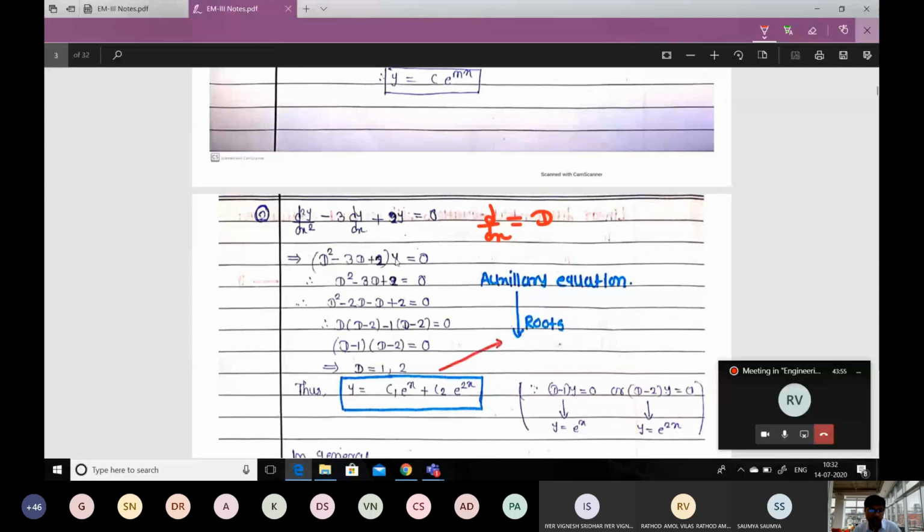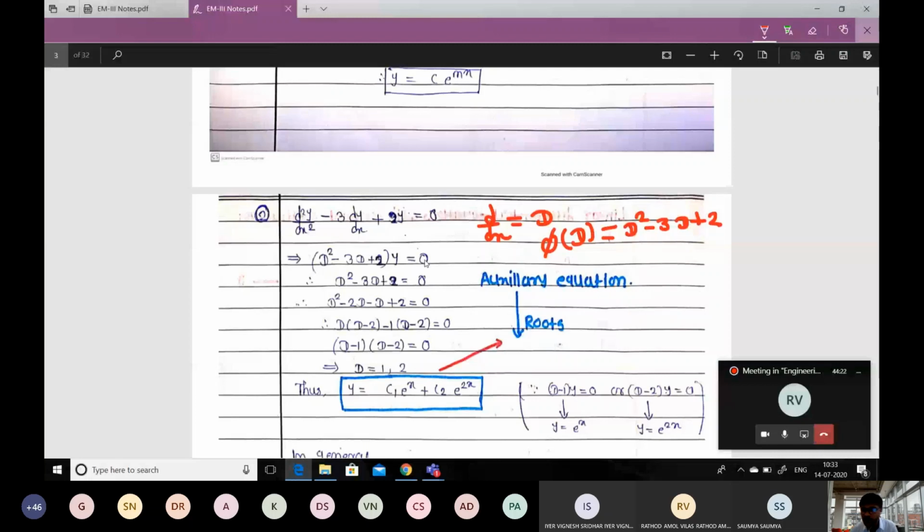So outside the bracket we are left with y, and the right hand side is as it is, equal to 0. So phi of D is nothing but this operator D square minus 3D plus 2. So it looks like phi of D times y equal to 0.